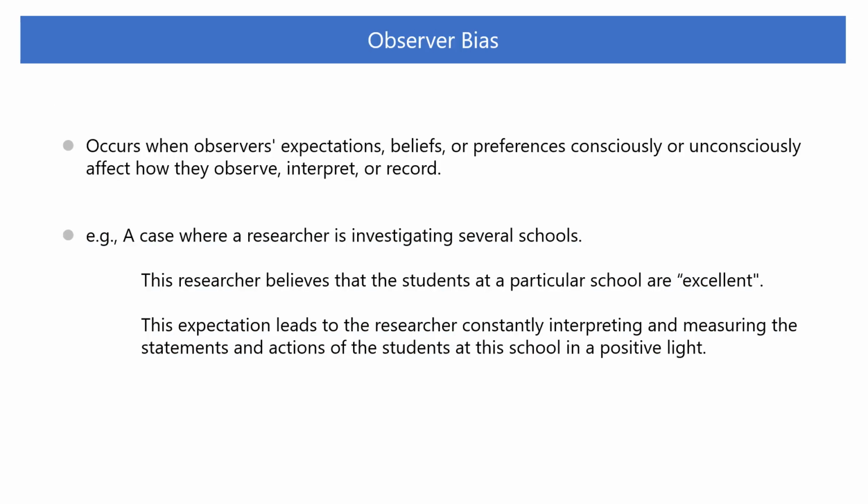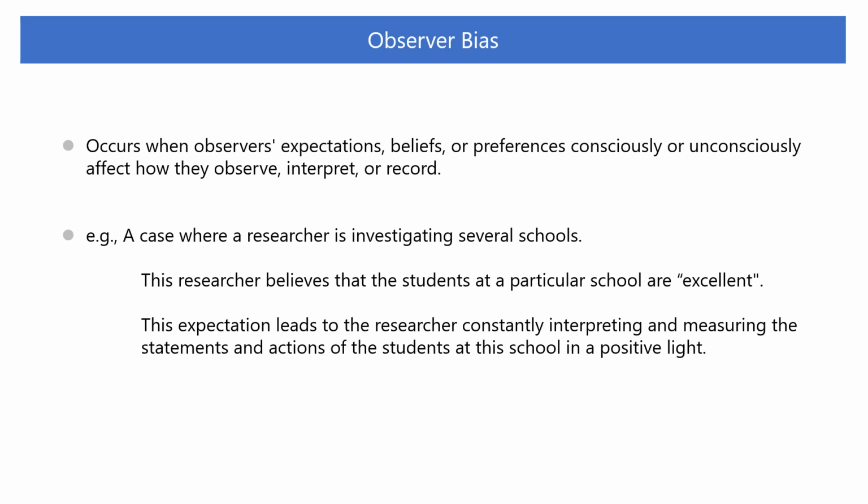Both observer bias and confirmation bias are types of cognitive bias that affect how people perceive, interpret, and record information. Observer bias occurs when observers' expectations, beliefs, or preferences consciously or unconsciously affect how they observe, interpret, or record.